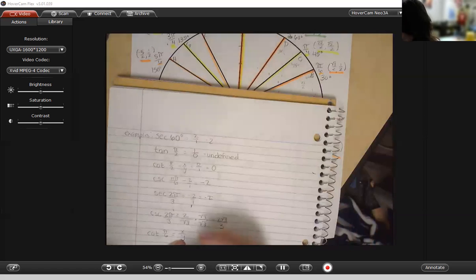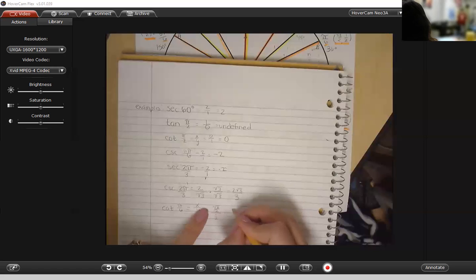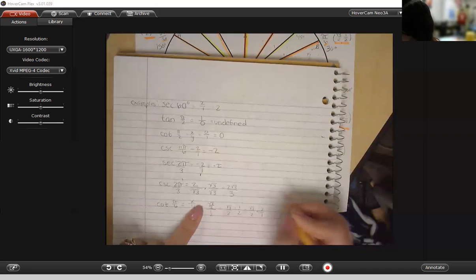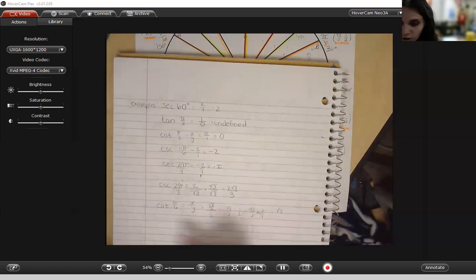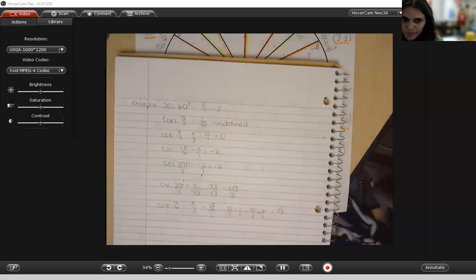My x value is going to be rad 3 over 2, over my y value, which is 1/2. I could rewrite this as rad 3 over 2 divided by 1/2, which is the same thing as rad 3 over 2 times the reciprocal. Those cancel out, and I'm left with rad 3. So the cotangent at pi over 6 is rad 3.